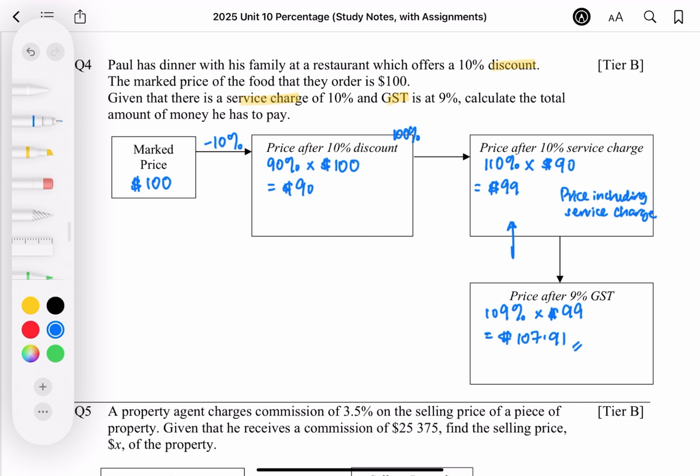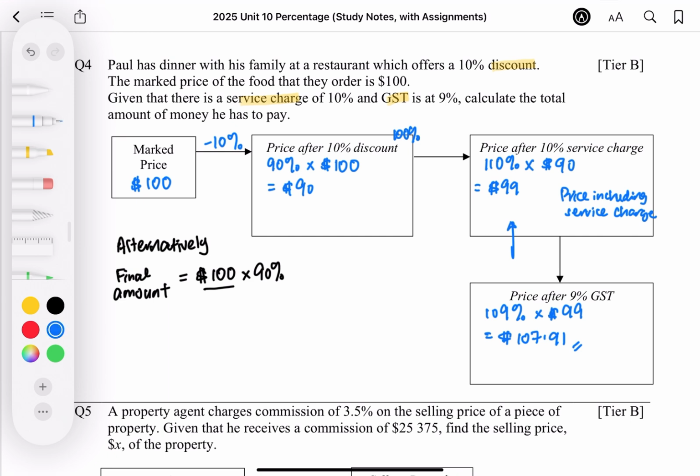Now, alternatively, do note, we can do this. We can say that the final amount, using $100 as a reference point, times, after 10% discount, we'll be paying 90% of the $100.